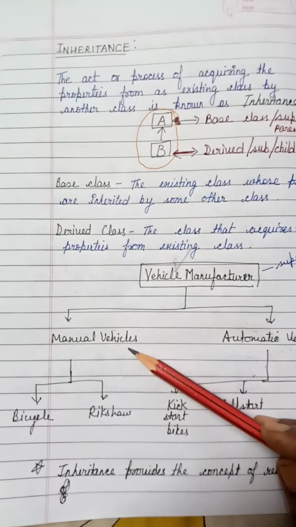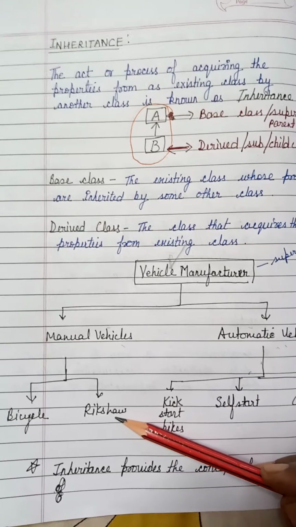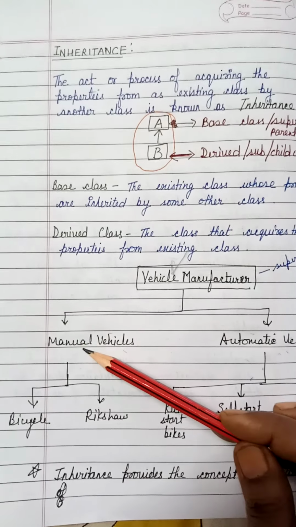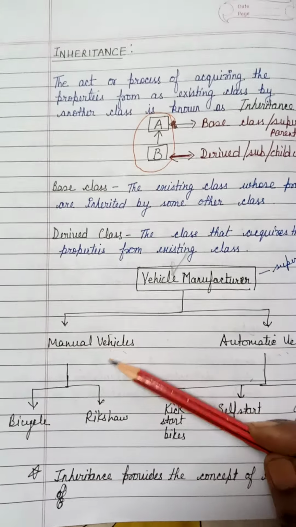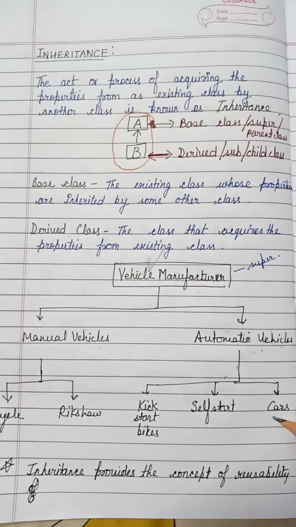Again, manual vehicles has two subclasses, bicycle and rickshaw. These are acquiring the properties of the manual vehicle class. Then automatic vehicle is the superclass of three classes: kick-start bikes, self-start bikes and cars. All three classes are acquiring the properties of automatic vehicle, and automatic vehicle is itself a subclass of vehicle.